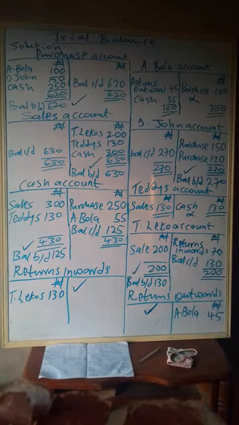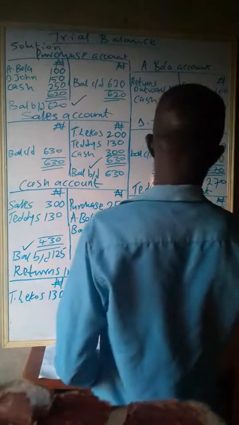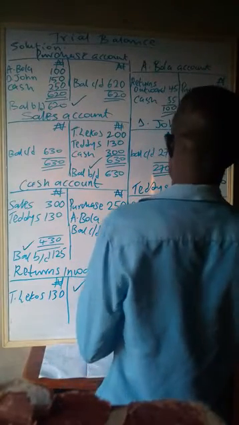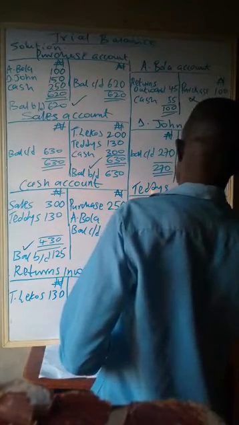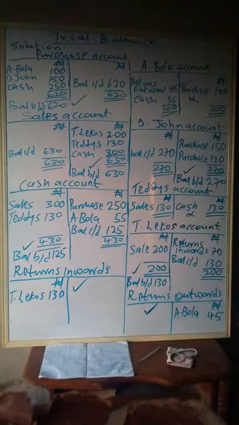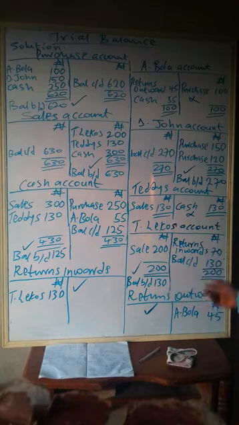Then T Lico's account. There is a sales of 200 naira and return inward of 70.